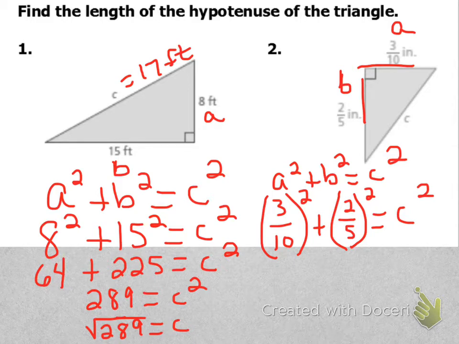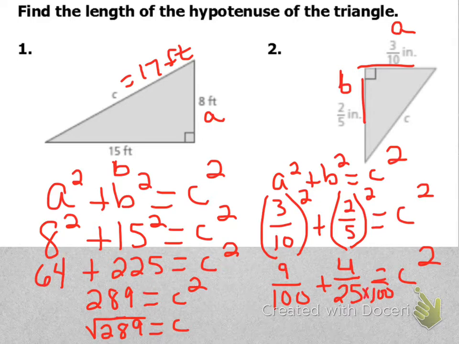So now 3 times 3 is 9, 10 times 10 is 100. Everything gets squared. Plus 2 times 2 is 4, 5 times 5 is 25. And that equals c squared. So 4/25, if I change that to hundredths, times 4, that'd be 16 hundredths.